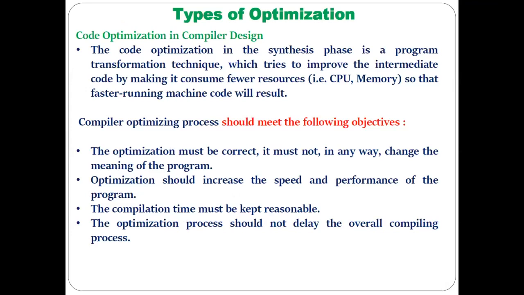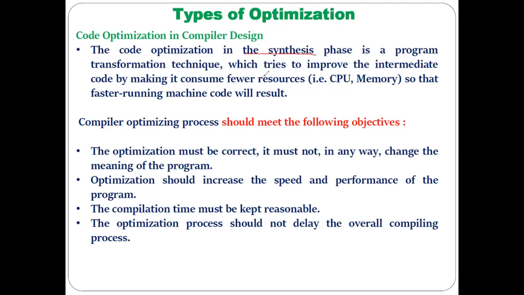So already we have discussed the concept of optimization in compiler design. Code optimization in compiler design is part of the synthesis phase, that is the backend, where different transformation techniques are there.